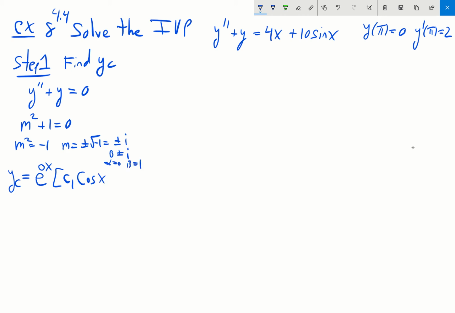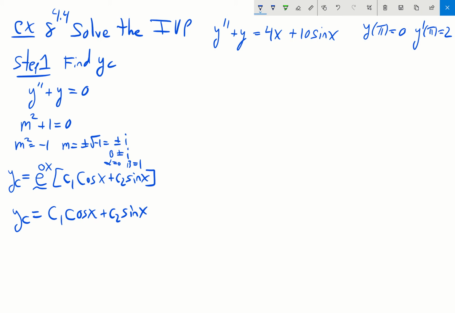So it's going to be 1 times x plus c2 times the sine of 1 times x. Anything to the 0 power is 1. So we get that y sub c, our complementary solution, is c1 cosine x plus c2 sine x. Okay, so we already have that part done.